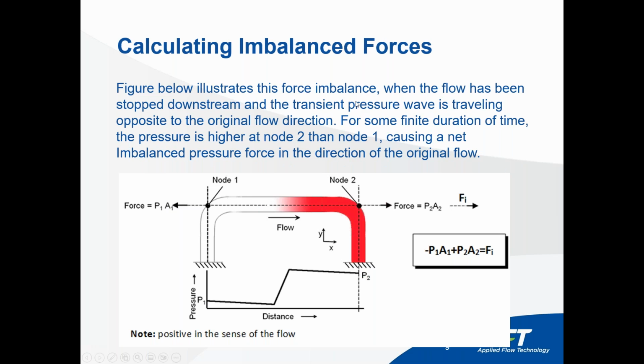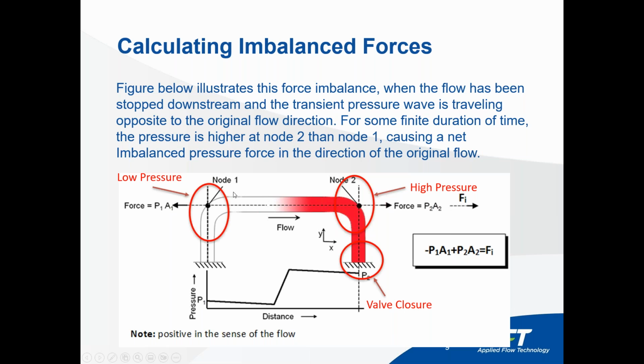So let's see an event that we have here. We have flow in this direction, normally in steady state condition, and we close a valve right here. So this kinetic energy, by the Bernoulli equation, becomes a pressure, and it starts traveling up. And when it reaches this elbow, it generates a high pressure on this side.